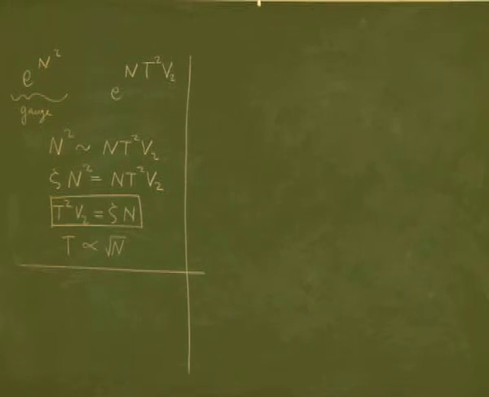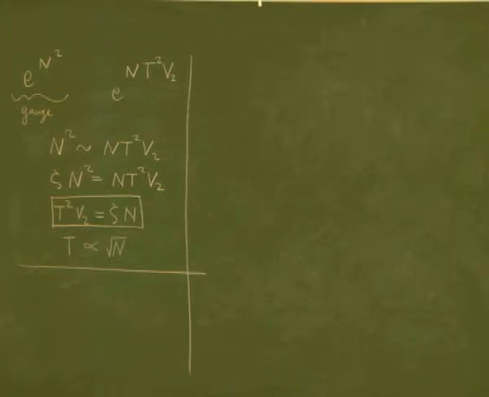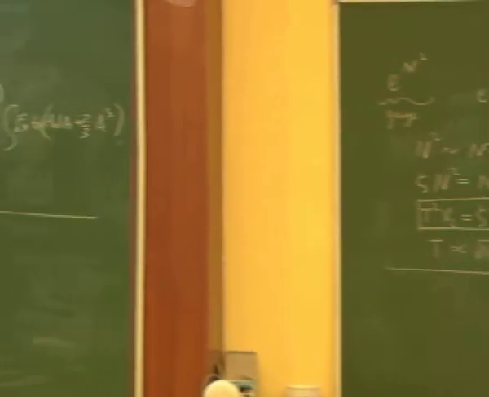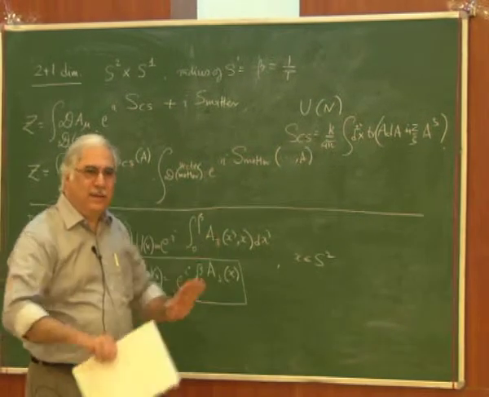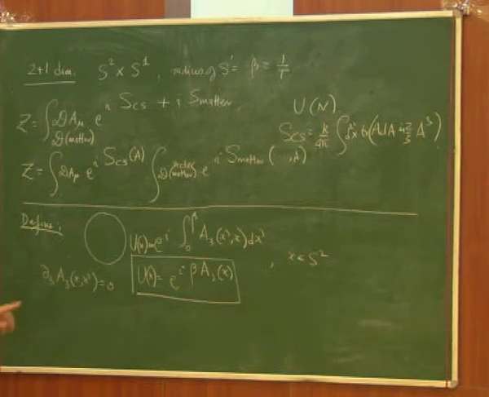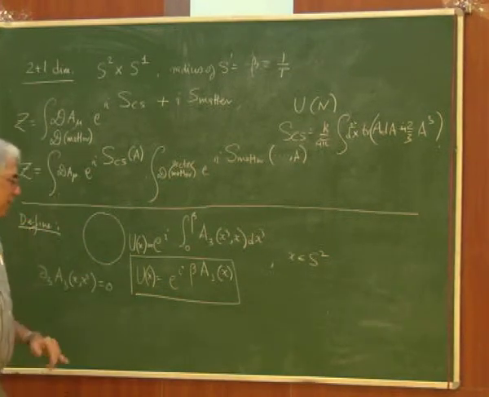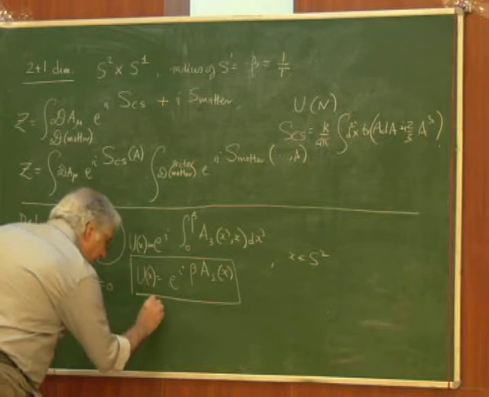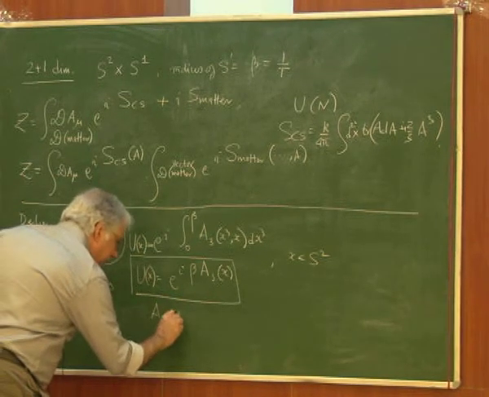The mass goes as T squared, so as N, so you are guaranteed now to get a local action. This integral can be in general said to be local. It will be local in the holonomy field and the gauge fields on the sphere.